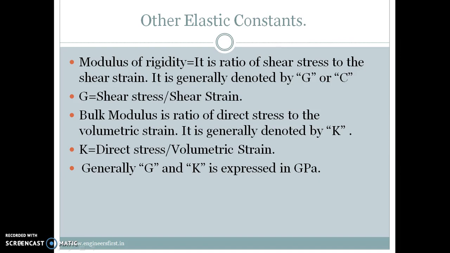One more thing associated with the bulk modulus is that it has a significant relevance in fluid mechanics. In fluid mechanics, there is one term, compressibility. How can we understand compressibility? Let us take the example of water and gases, or water and air. We can say water is incompressible because when I apply force over the water, there is a negligible deformation.